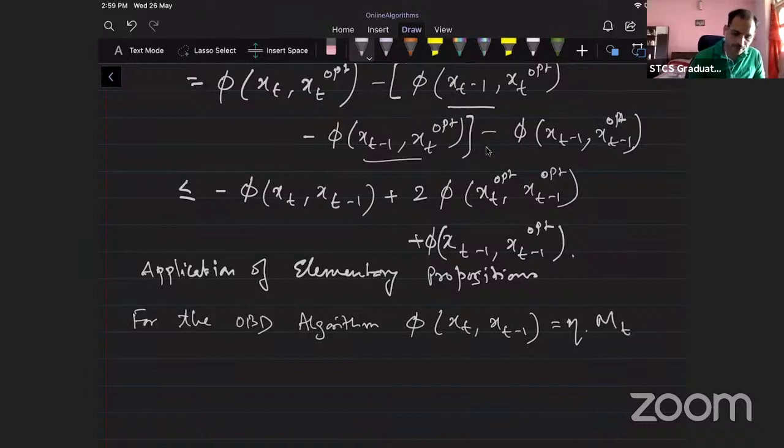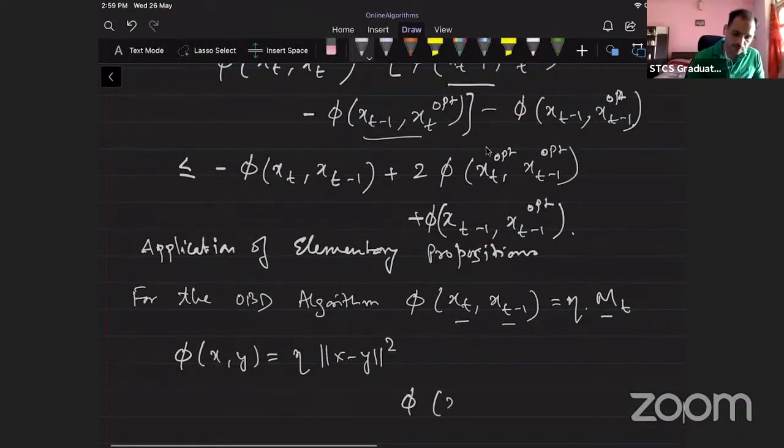The people forgotten the definition of phi. Phi of x, y is eta times x minus y whole square. Right? So between XT and XT minus 1, the difference is exactly the movement cost. So I can write this. Similarly, phi of XT opt, XT minus 1 opt is equal to eta times MT opt.